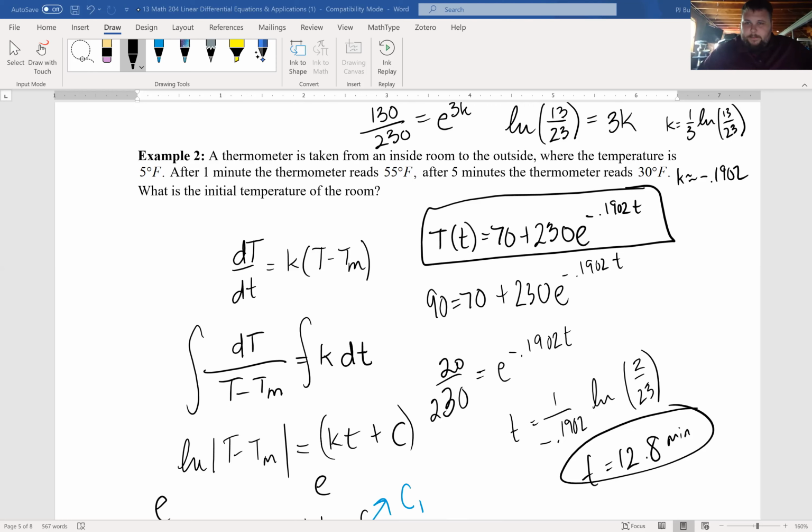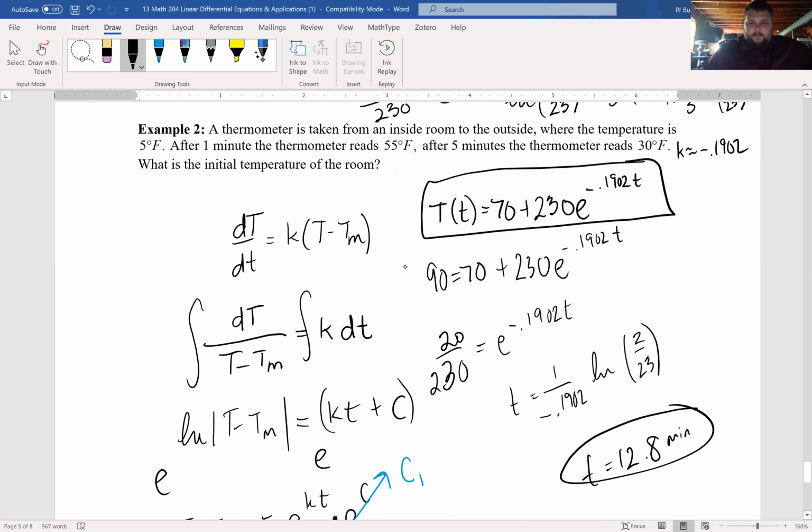So it takes about 12 minutes for that cake to go from 300 degrees to 90 degrees.